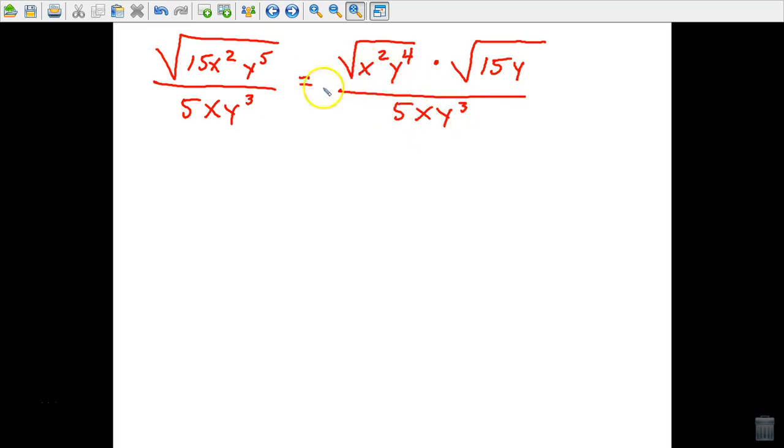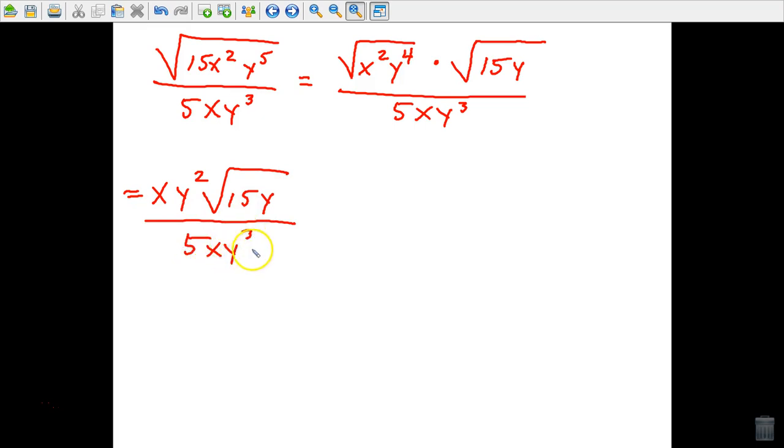Okay, continue simplifying in the numerator. The square root of x squared is x. The square root of y to the 4th is y squared. Okay, and then to finish this off, we're going to do some what you might think of as reducing. Now, not counting anything under the radical. We can't reduce under here, but the expression outside of the radical, for example, do you notice that these x's would cancel each other?